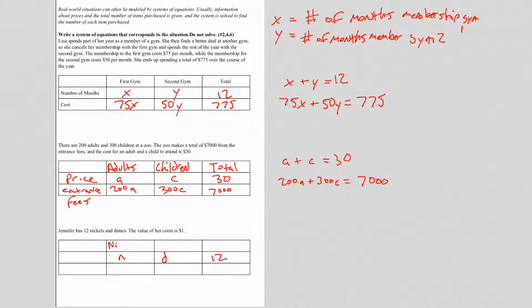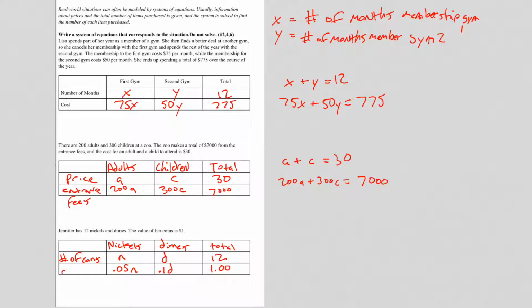So we got nickels. And making a table like this is helpful to kind of organize your thoughts. So this is basically the number of coins. And then we know the value of our coins is equal to $1. So basically nickels are 5 cents times N, and dimes are 10 cents times D, and all that is equal to $1.